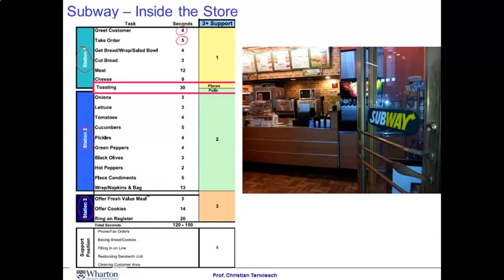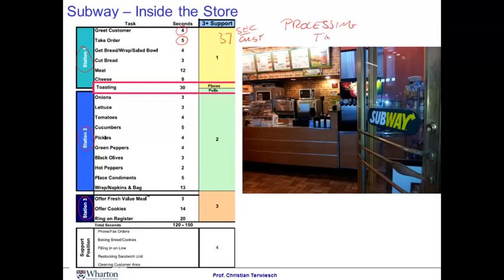If we add up the activities that are carried out by the first station, we get a total time of 4 plus 5 plus 4 plus 3 plus 12 plus 9, which is equal to 37 seconds per customer. We refer to this time as the processing time.